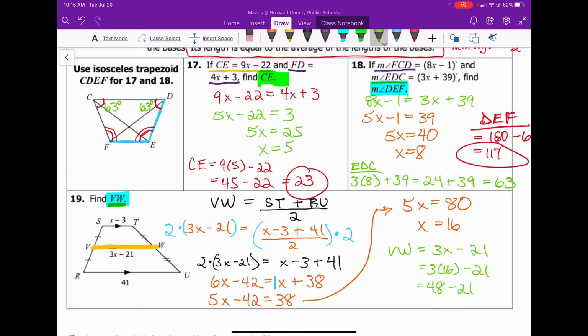And 48 minus 21 is 27. And so that means that VW is equal to 27. And if we wanted to know what ST is, we would just plug in 16 and get 16 minus 3, which would be 13.